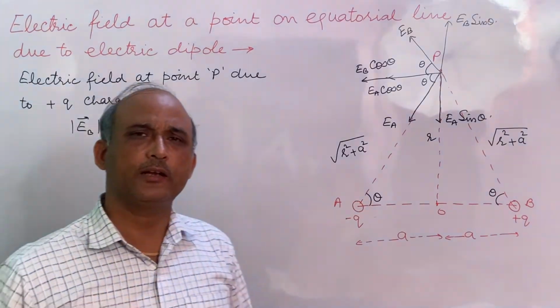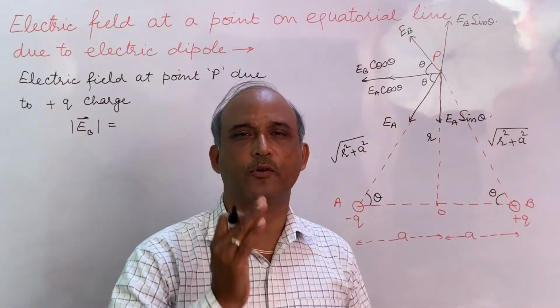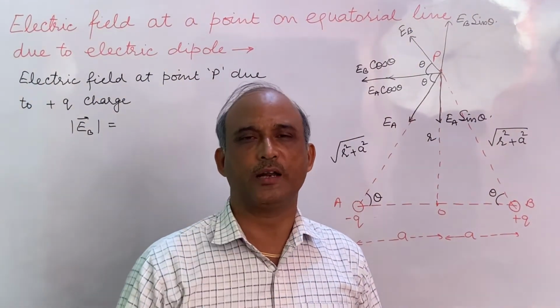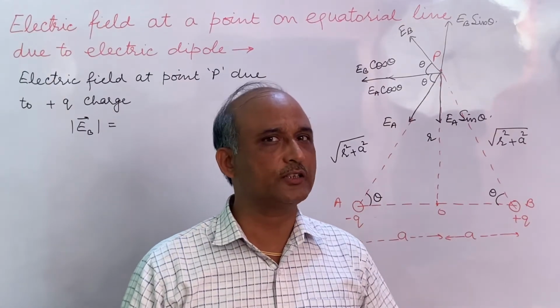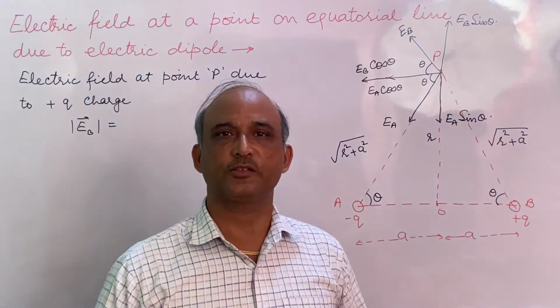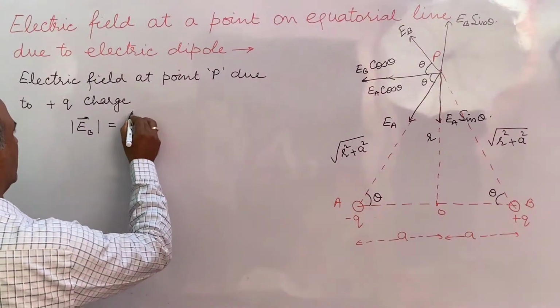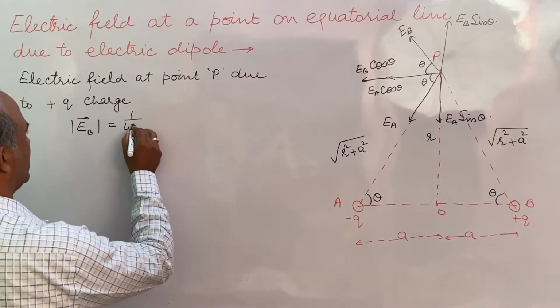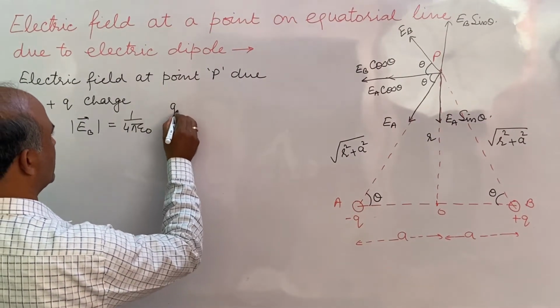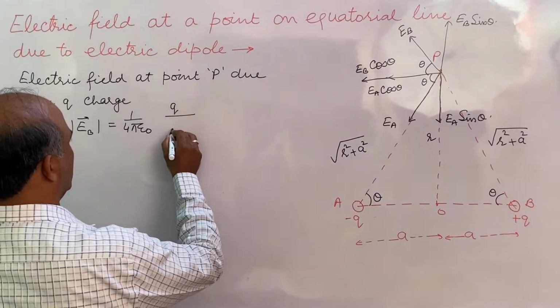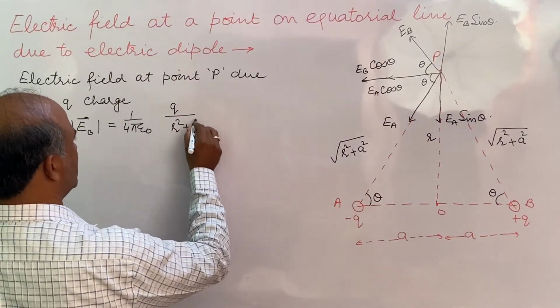The formula for electric field is 1 upon 4 pi epsilon naught Q upon r square, where r is the distance between the point and the charge. So EB equals 1 upon 4 pi epsilon naught Q upon r square plus a square.